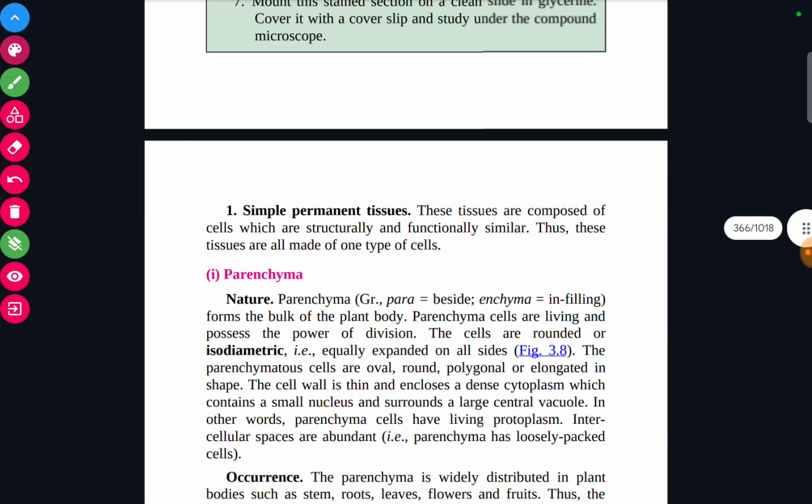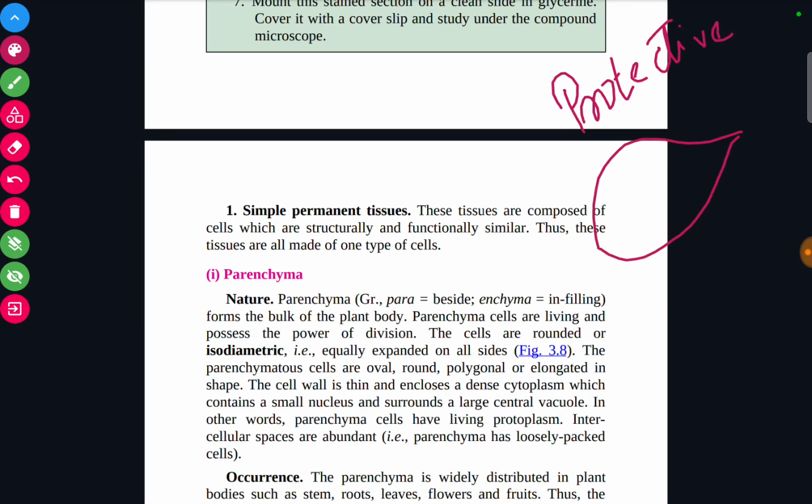According to function, the simple permanent tissue is divided into mainly two types. One is the protective tissue, which gives protection to the plant body. The protective tissue consists of cells with a thick wall, and they are found on the surface of the root, stem, and leaf, for example the epidermis of the leaf.